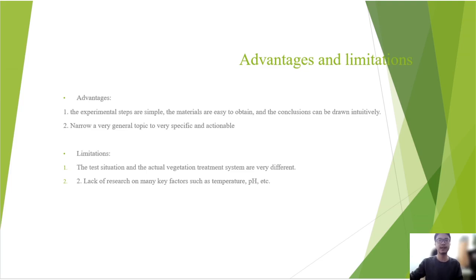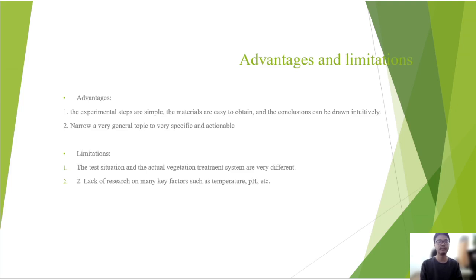The advantages and limitations. The first advantage is that the test steps are very simple, the materials are easy to obtain, and we can get the results directly. And the limitation is that the test situation and the actual vegetation treatment system are very different.